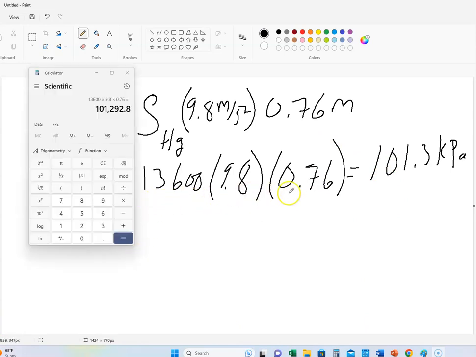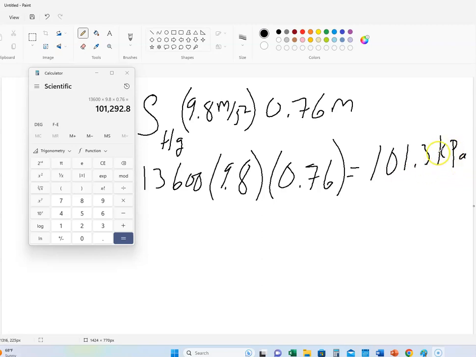So I've just put these numbers in the calculator, so you get 101,292, and so on. This is typically rounded to 101.3, so you can see that's where the 0.3 comes in, 101.3 kilopascals, right?